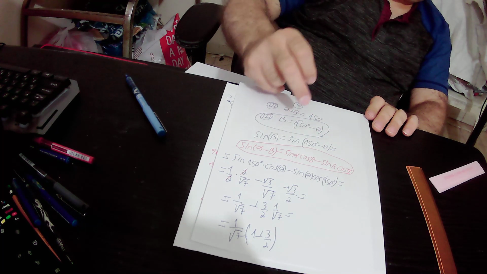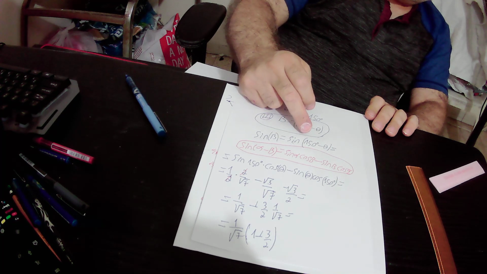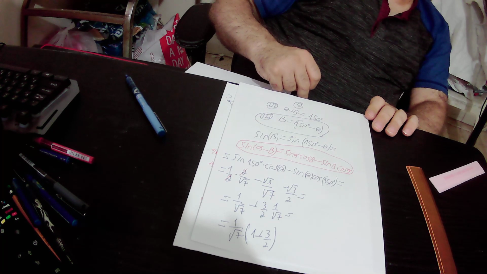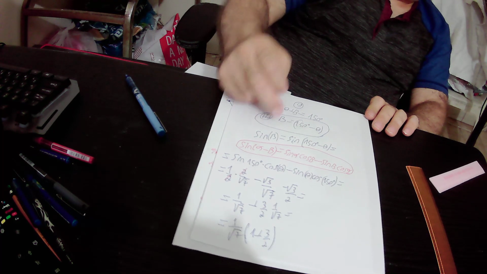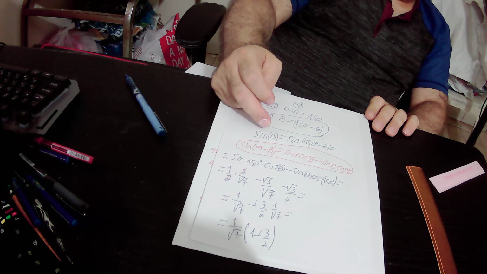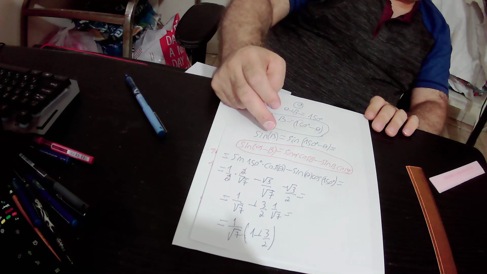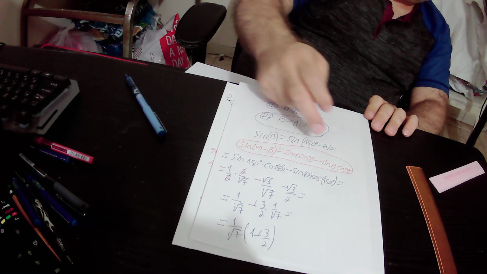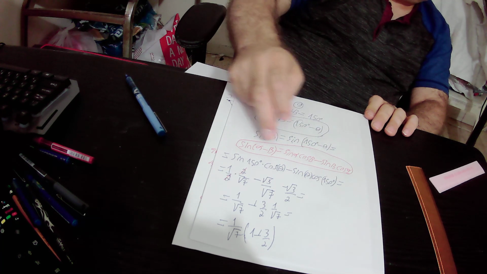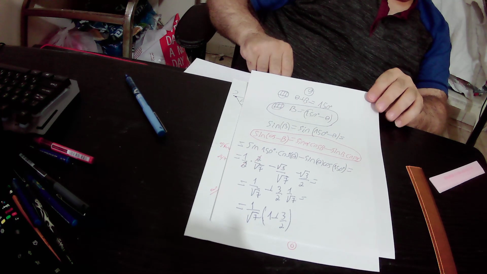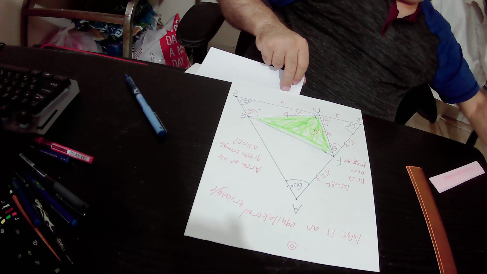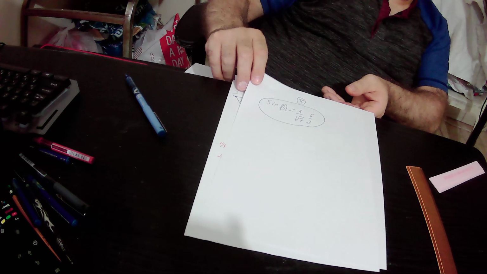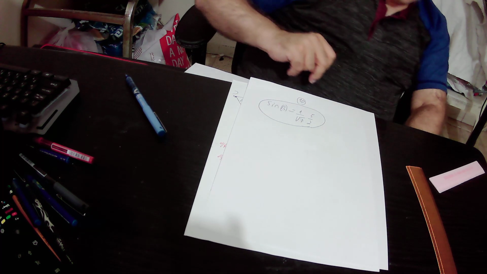When we substituted alpha by 150 degrees and beta by theta, we did the calculation of this expression according to our second trigonometric identity, and we got that the value of sin beta equals 5 over root 7 times 2.